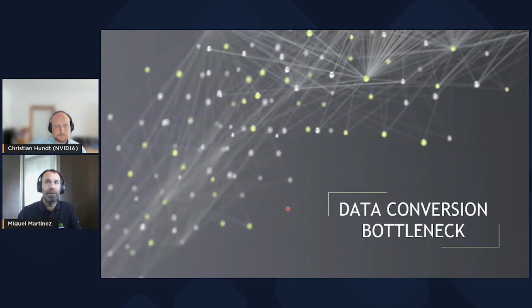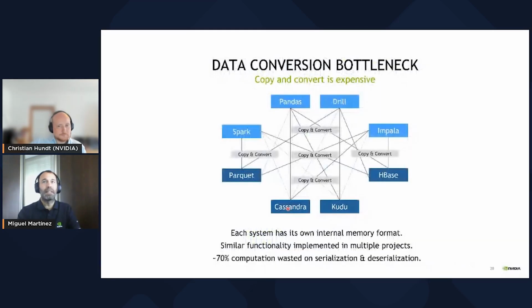Why are we talking about copying data and conversion bottlenecks? So the reality is that when we started dealing with these frameworks, nobody thought about multiple pipelines and interoperability. So what happens? For instance, imagine that you have your data in Parquet format and you want to load it with Spark 2.x, for instance, the previous version, or with Pandas. So Pandas usually deals with the data in a row-wise layout, which we will see later.